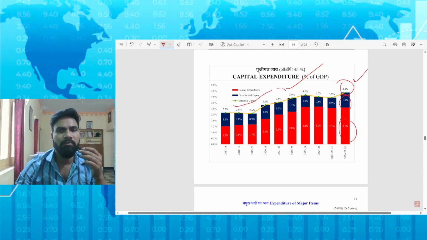It's rising, falling. The trend of capital expenditure as a percentage of GDP is increasing, you can say, but is it a steady increase? No, it is not a steady increase. There is increase, fall, rise, fall, rise. So it's not steady. That is what you have to say.